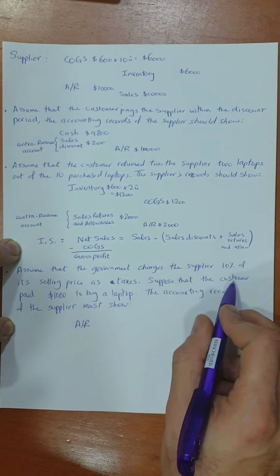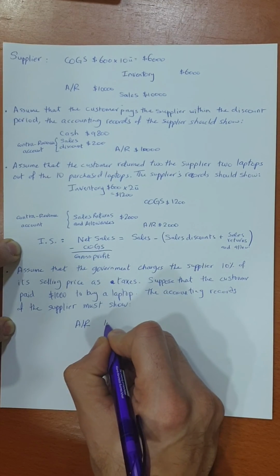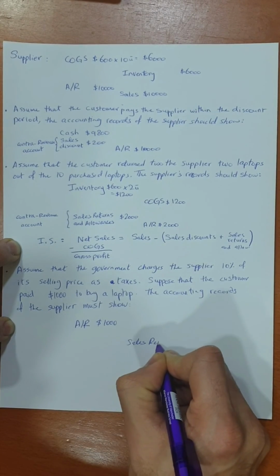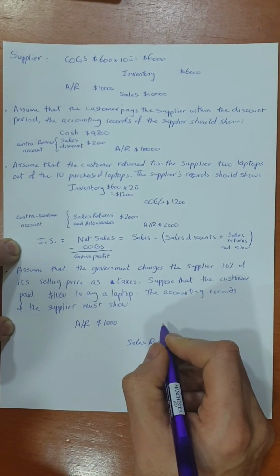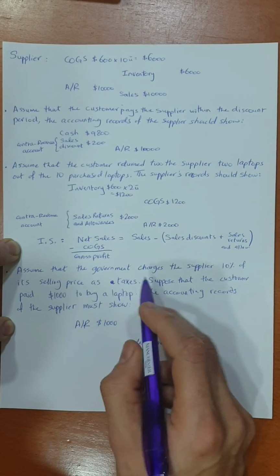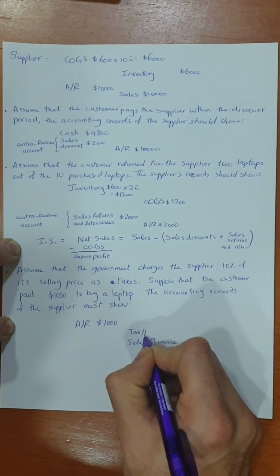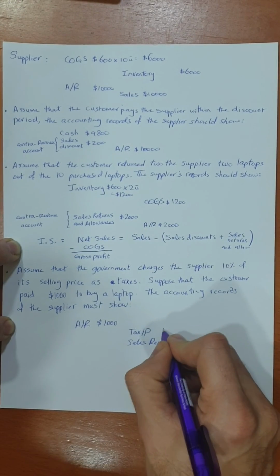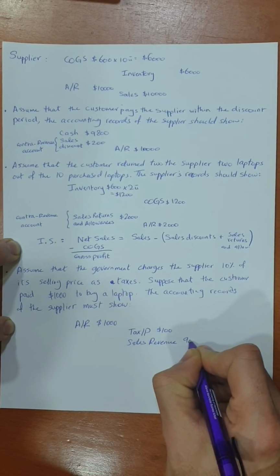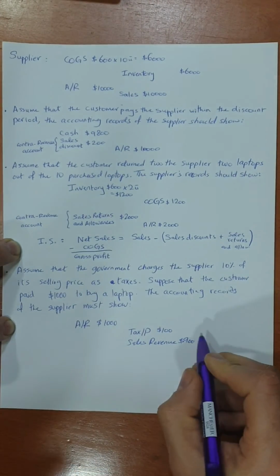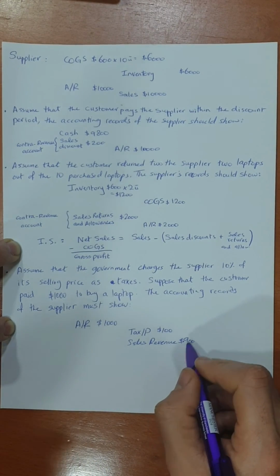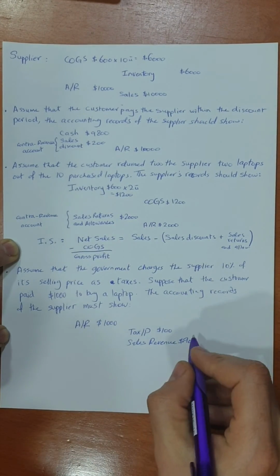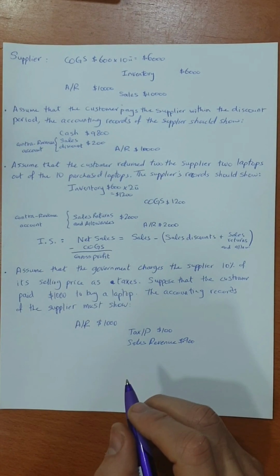It doesn't matter, depending on whether the customer paid on the spot or will pay later on. So this is $1,000, and I know that there is a sales revenue associated with this receivable, and at the same time in this specific example I have a tax. So this is a tax payable, which is a liability. It's worth 10% of the selling price, so $100 for taxes and $900 for sales revenue. Okay, this will be given either as a percentage or as a numerical value. It doesn't matter that much.